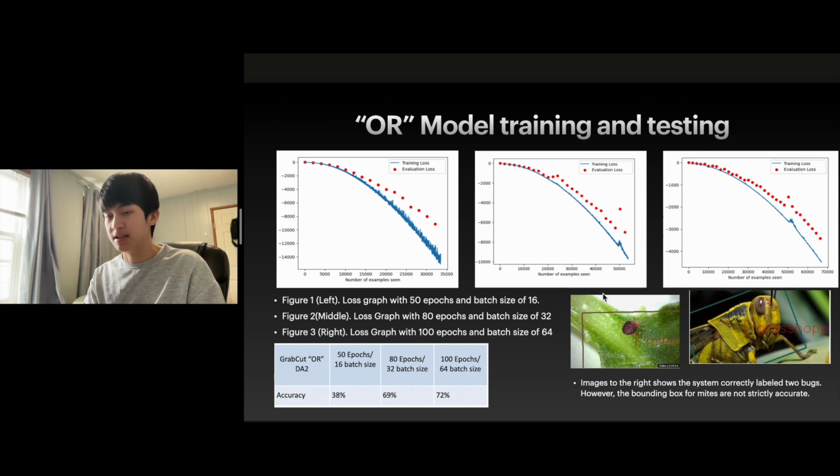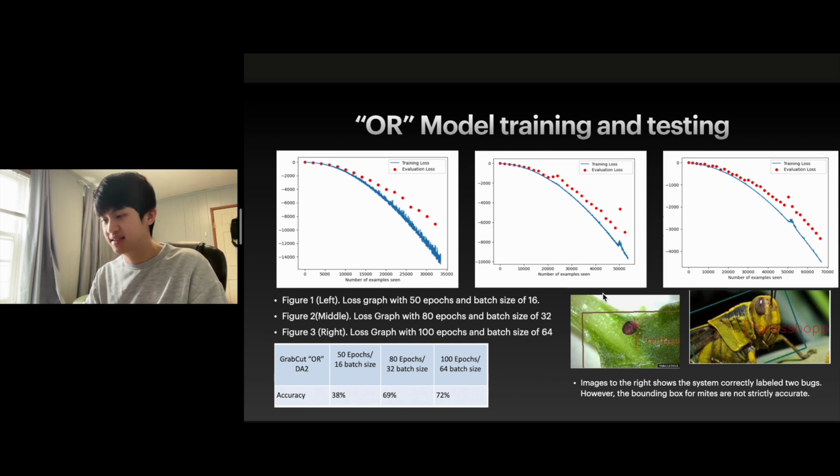We will see a table in the previous slides. I believe most of the bounding boxes are too large and they do not strictly go around the bug. So the model's accuracy cannot surpass around 70% after multiple epochs.